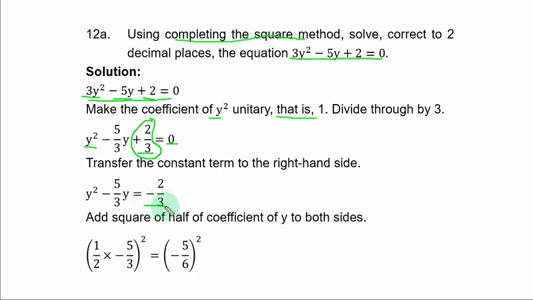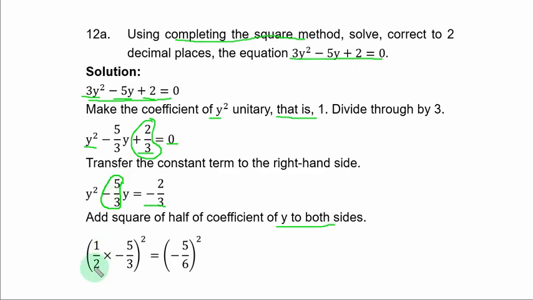Next step is to add the square of half of the coefficient of y to both sides. Here, the coefficient of y is minus 5 over 3.